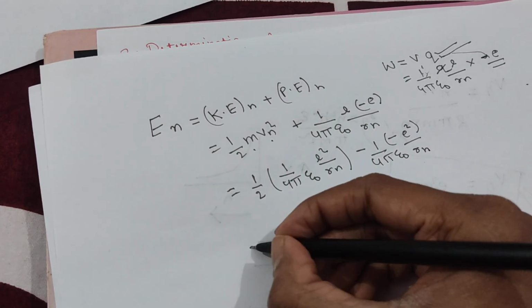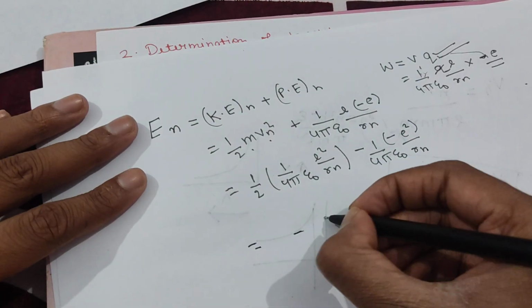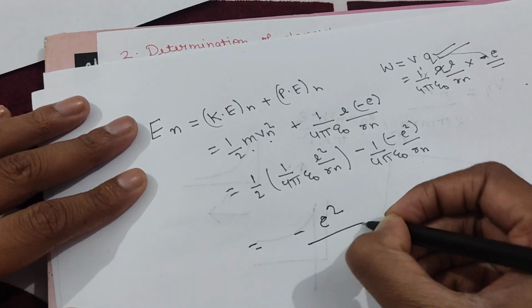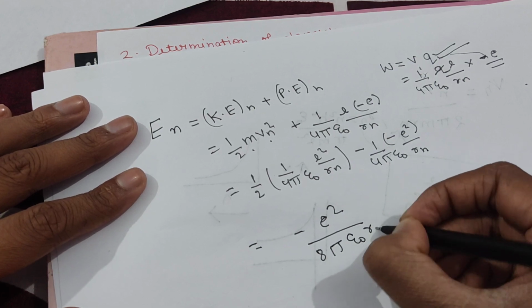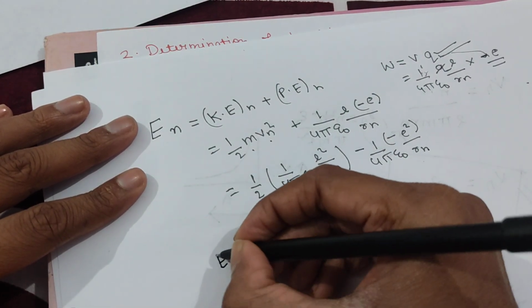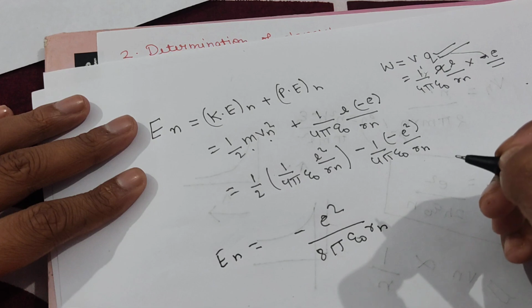After solving we'll get minus e squared by 8 pi epsilon naught R_n. Okay, this is our E_n.